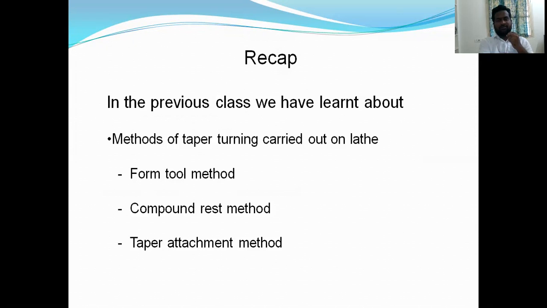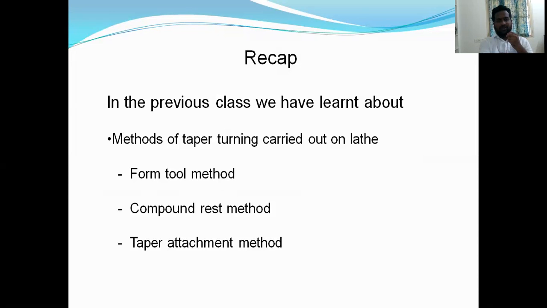That inclination is produced by our form tool, which has the shape we are going to produce on the workpiece. So this method is called the form tool method.